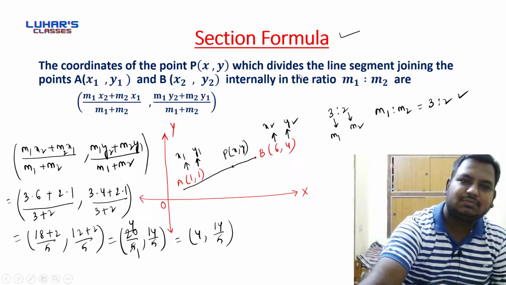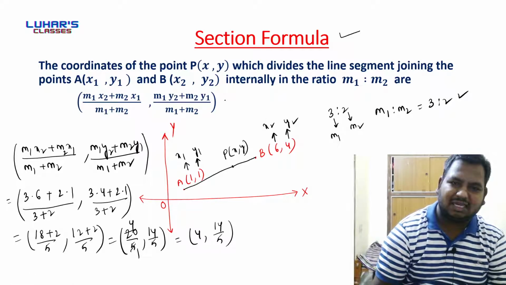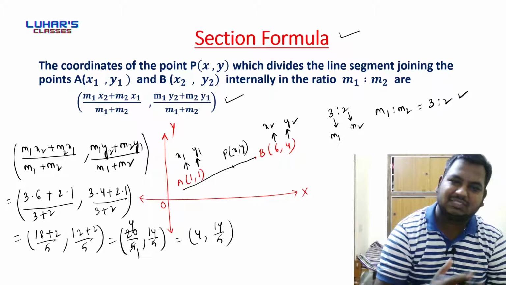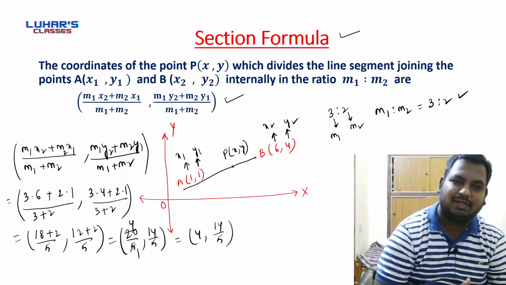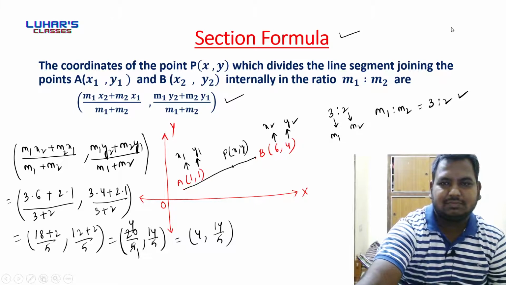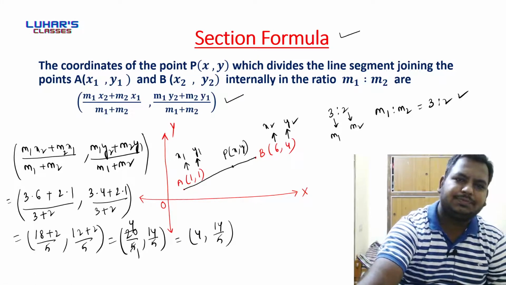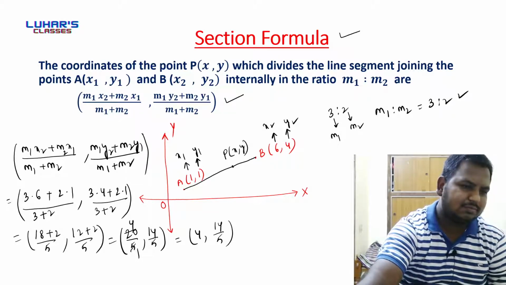Done? Done. So I'm going to give you some time of 1 minute. In 1 minute, please read this formula, learn this formula. Okay, so the time starts now. You can take 1 minute to remember this formula.